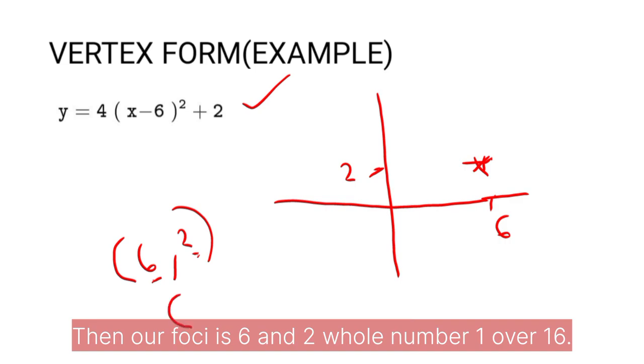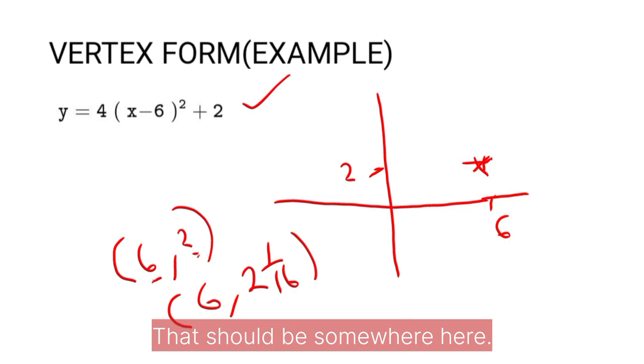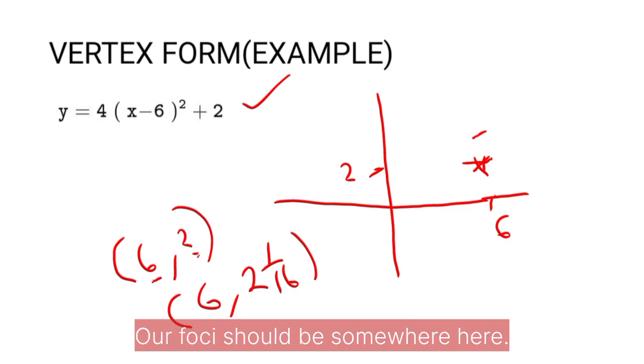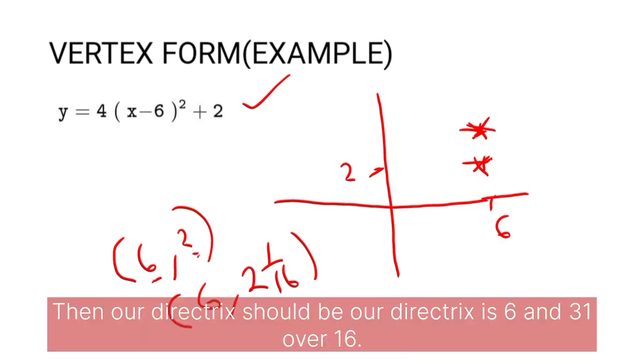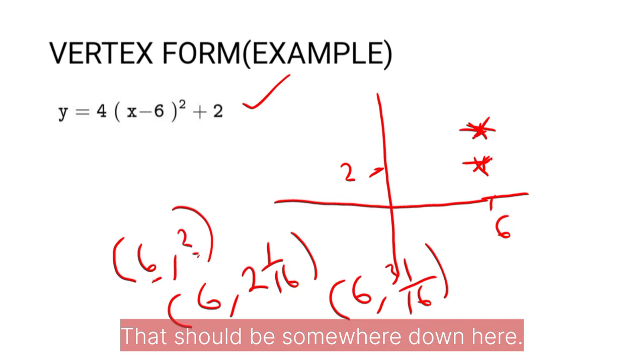Then our focus is (6, 2 whole number 1 over 16). That should be somewhere here. Okay, then our directrix is y equals 31 over 16, which should be somewhere down here.